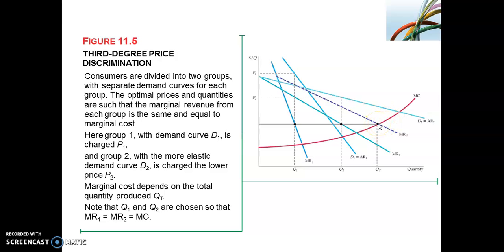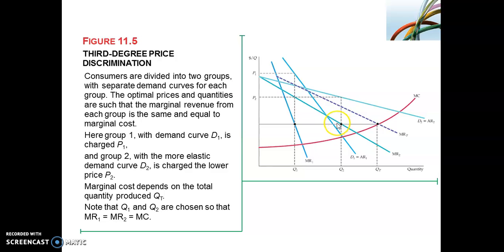Now you know that the marginal cost must be equal to the marginal revenue for group 1 and marginal revenue for group 2. So if we draw a horizontal line across to our vertical axis, we are going to see where this value for marginal cost is going to cut our marginal revenue for our two curves. So for group 2, it cuts at this point over here, and that represents Q2, the output for group 2.